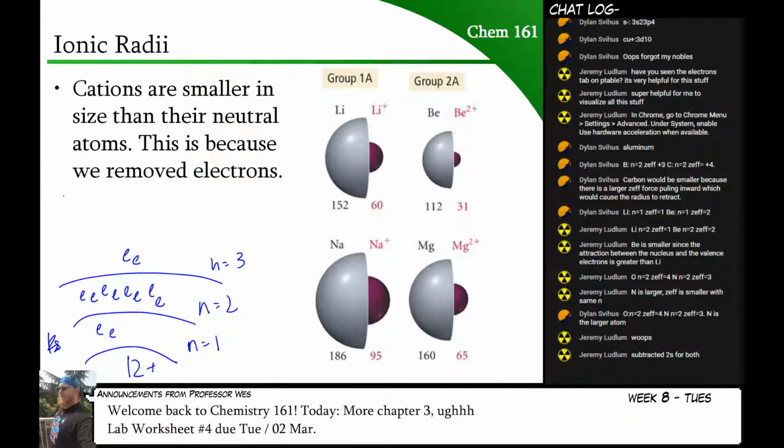So n would be 3 for this, and Z effective would be 2 for magnesium. If I were to look at magnesium plus, well, n is still 3, and Z effective is still 2. But by removing this electron here, boop, I now have 12 protons pulling on 11 electrons instead.